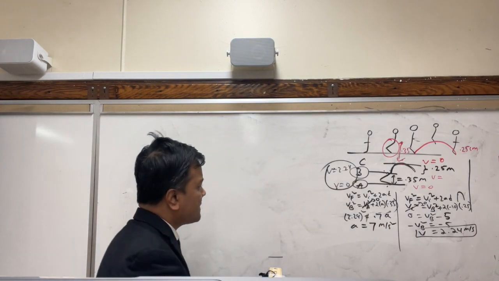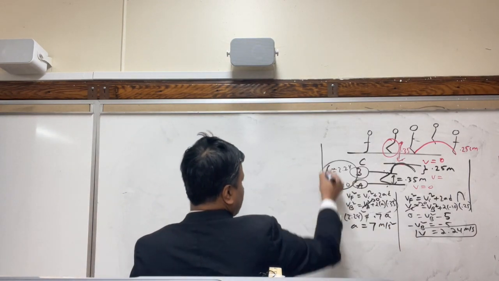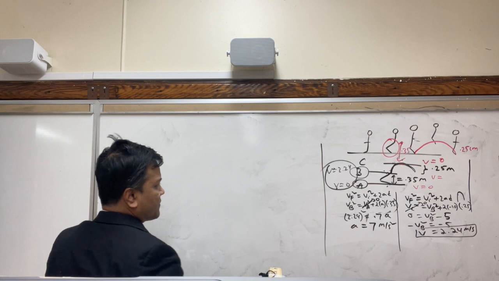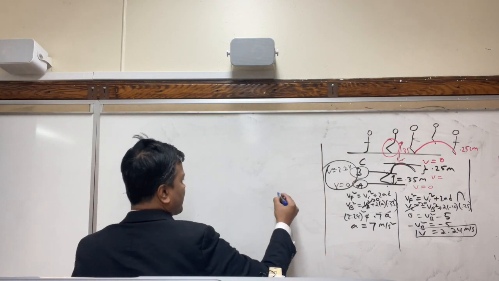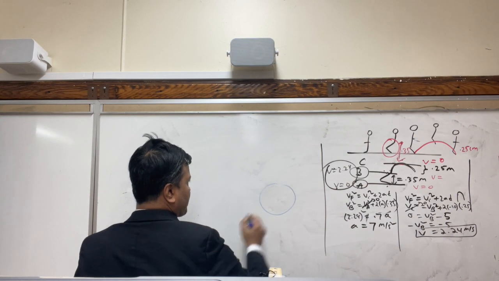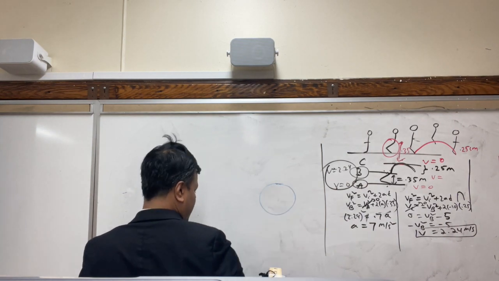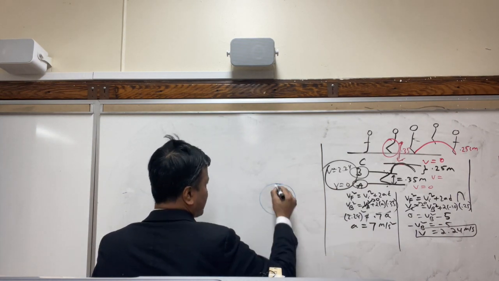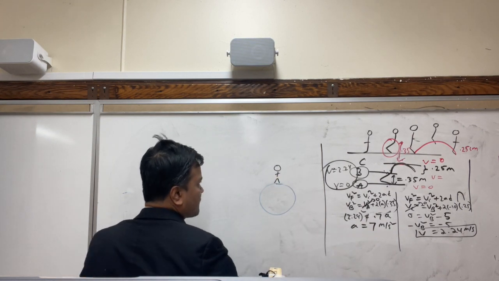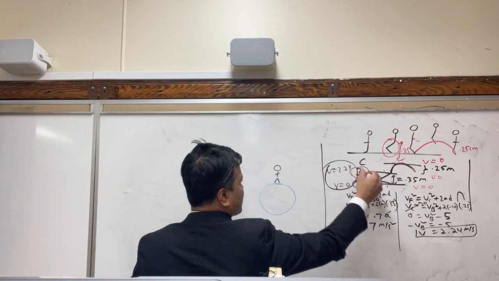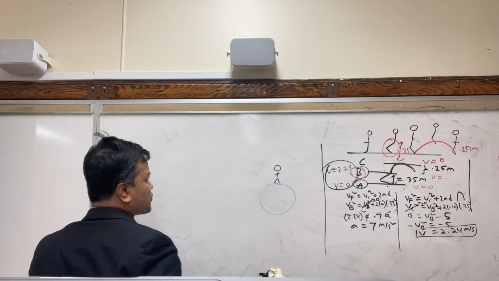All right, now let's draw the free body diagram. So let's say this is Earth, and this is Mr. Barry on the Earth. Okay. So Mr. Barry, in order to jump up at B, had to push the Earth.